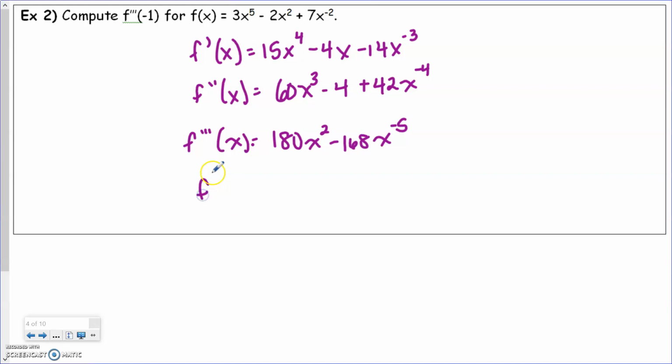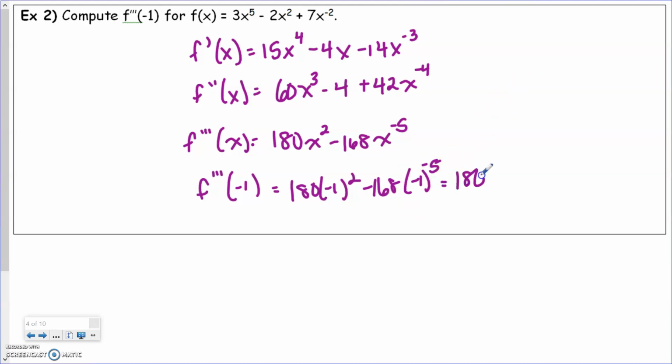So what we're going to do is plug in negative 1. So we have 180 times negative 1 squared minus 168 times negative 1 to the negative fifth. And we end up getting 180 plus 168, which is 348. Okay, so because this is an odd exponent, that's going to stay in negative 1, and then we can simplify from there.